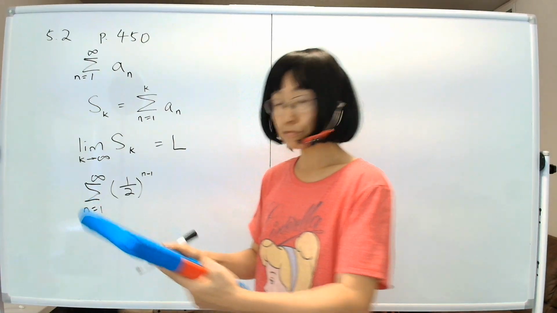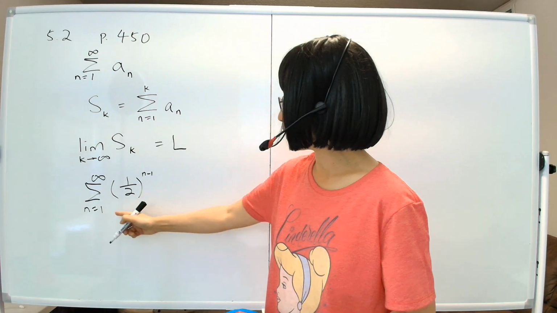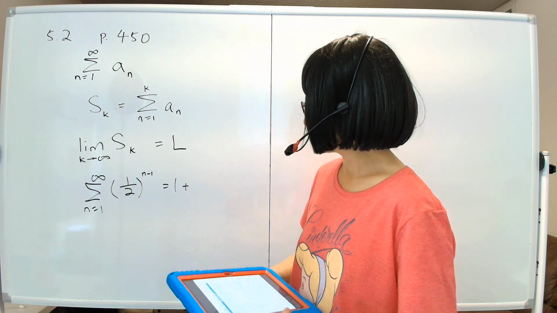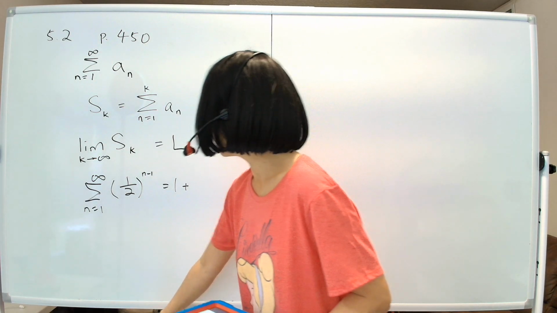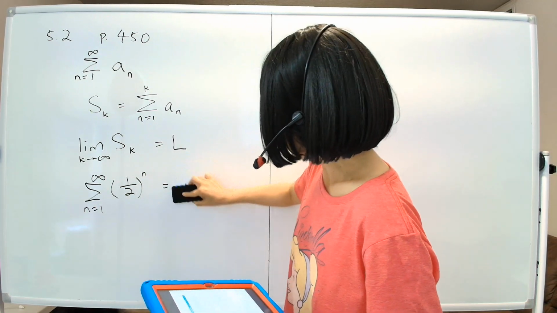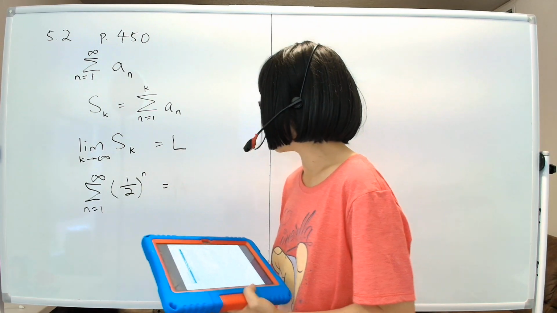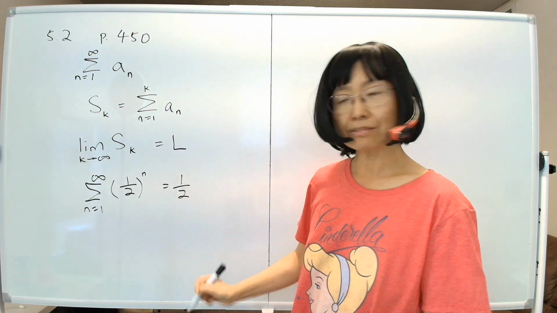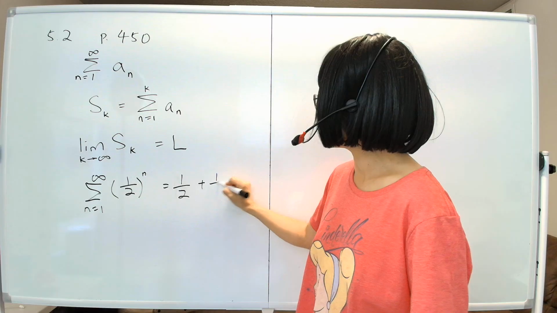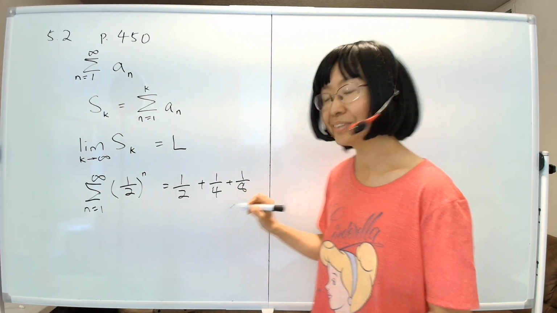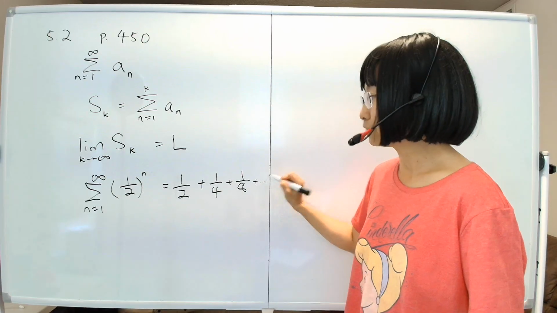If you write this sum out starting at n equal to 1, that would be 1 plus 1/2. We're not going to start at 1. We're going to start at 1/2, because who cares about 1? So this sum is 1/2 plus 1/4 and plus 1/8. You keep dividing by 2 each time, and you keep adding unto infinity.